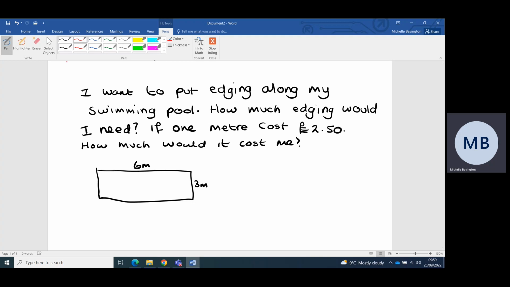Right, the first thing you've got to consider is: is this perimeter, area, or volume? Now edging along. So it's along here, along here, and along here.